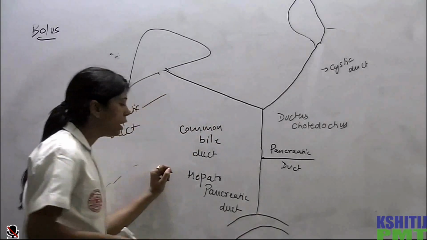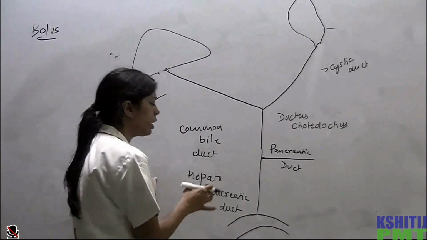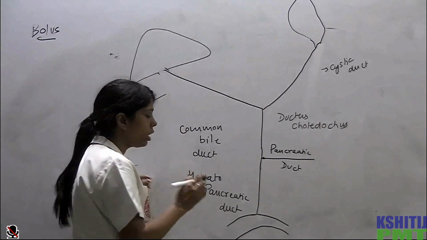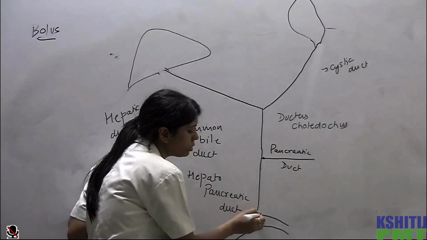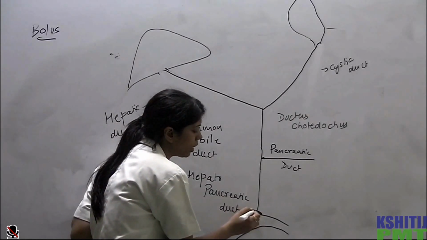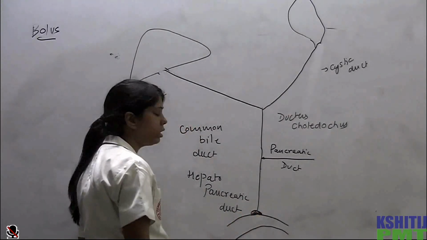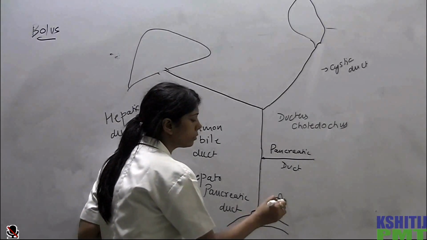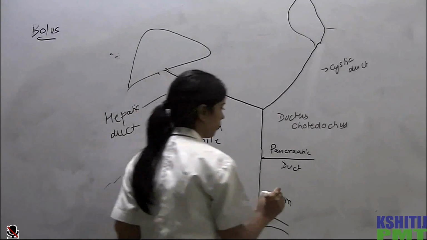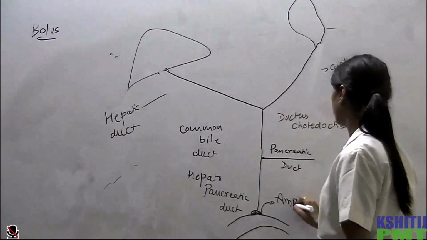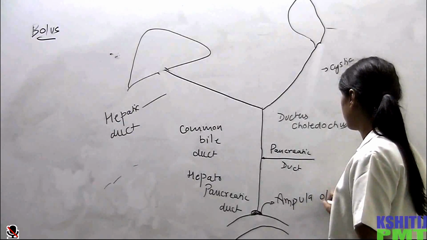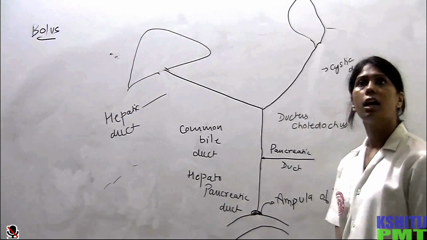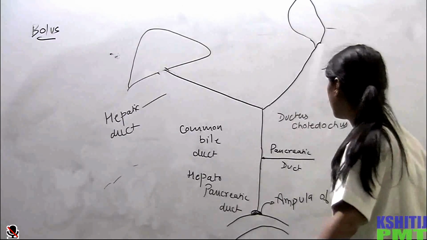Now this hepatopancreatic duct opens in the duodenum. The place where it opens has a swelling. That swelling is called the ampulla of Vater.